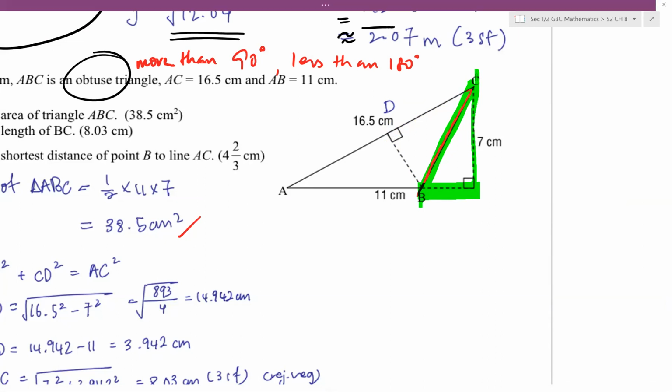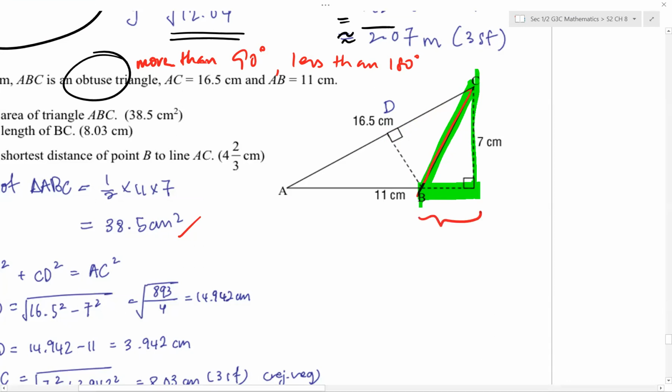And I have just realized that I need this distance in order to find the distance of B to C. So now that's my new objective, finding that distance. Look out for right angle triangles again.